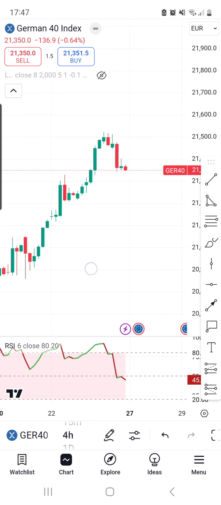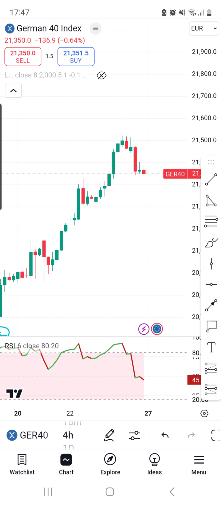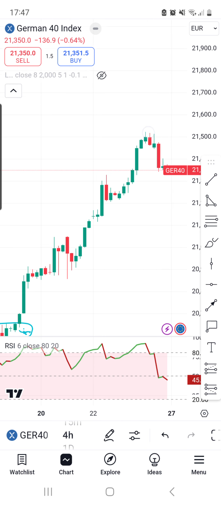So I would say our new high is this high right here, and this red candle right here is the last bearish candle in an uptrend. So this is our order block.